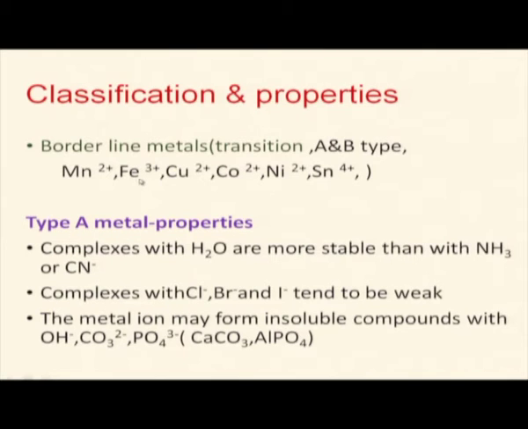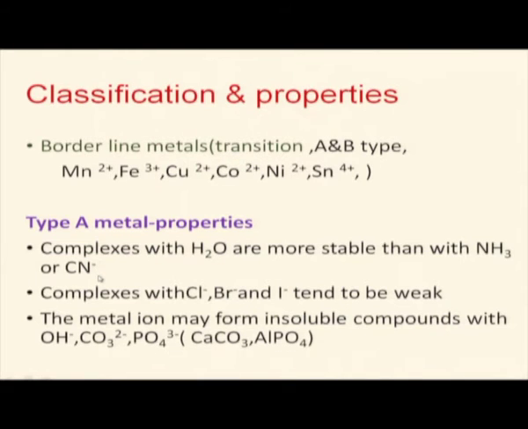Some elements possess properties between these two, a kind of borderline metal ions, a transition between type A and type B metals. Some examples include Mn2 plus, ferric, copper 2 plus, cobalt, nickel. Mostly transition metals come into this borderline category between type A and type B metals.